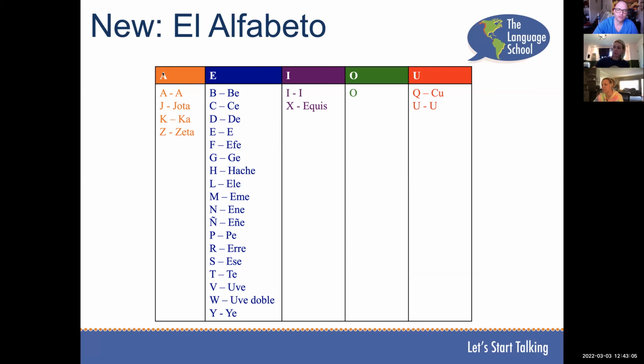A, E, I, O, U. Okay, so that's the first step.